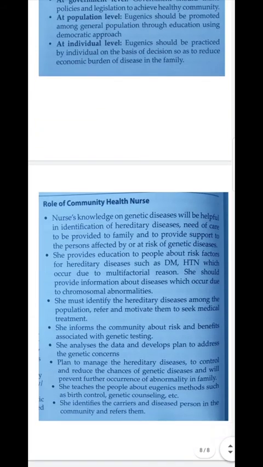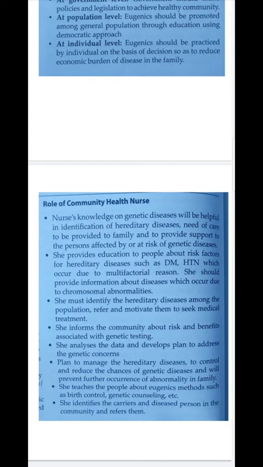So lastly, what are the roles of the community health nurse? Nurses' knowledge of genetic diseases is needed, because if she wants to treat a genetically ill patient or a mentally retarded patient, she needs this genetic information. Next, she provides education to people about risk factors for hereditary disease such as diabetes mellitus and hypertension, which occur due to multifactorial reasons.